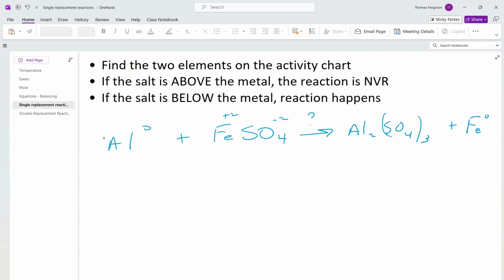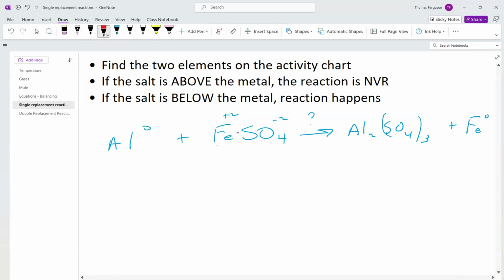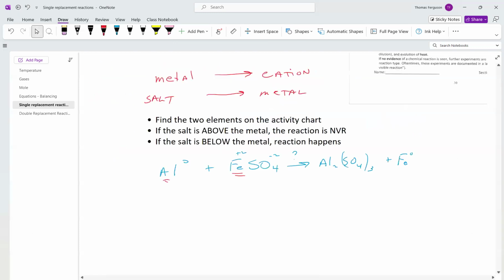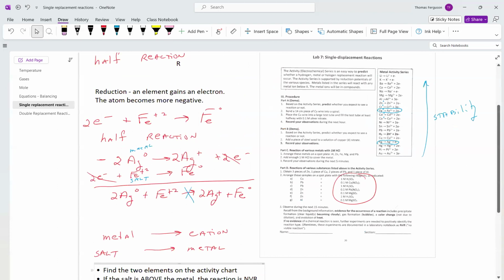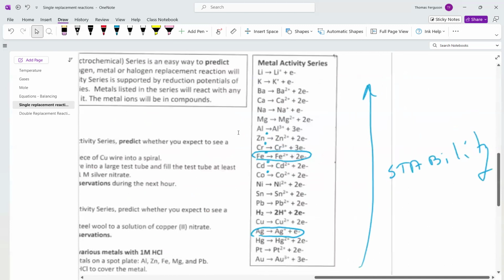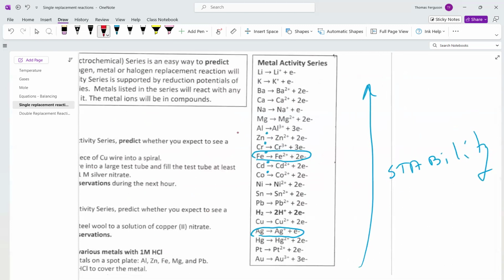Okay, so what we do now is we need to find these two on the activity chart. So we look on our activity chart and we find aluminum. Okay, so there's aluminum and iron.